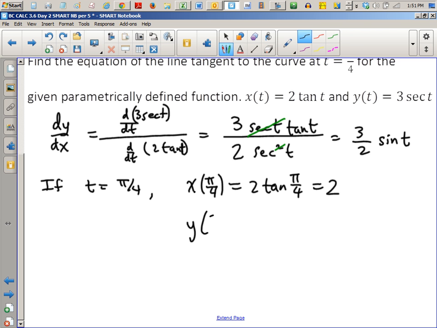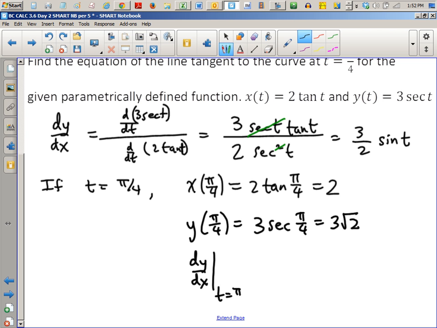And y of pi over 4 would be 3 times secant of pi over 4, namely 3 root 2. And dy dx, when t is pi over 4, is going to be 3/2 times sine of pi over 4. In other words, 3 root 2 over 4.